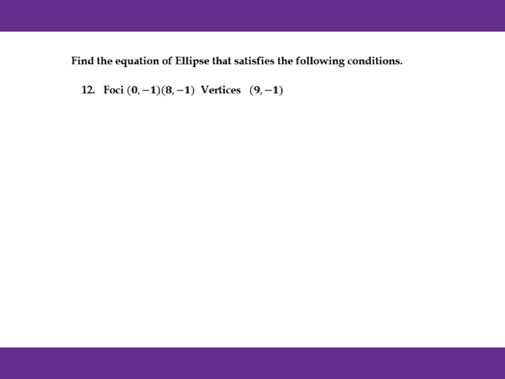For number 12, they give you the foci and also one of the vertices. Let's label the foci. (0, -1) is here, (8, -1) that's here.